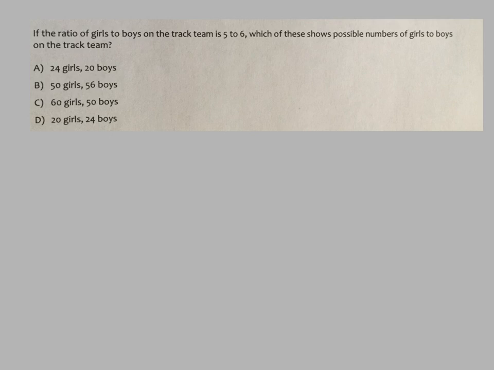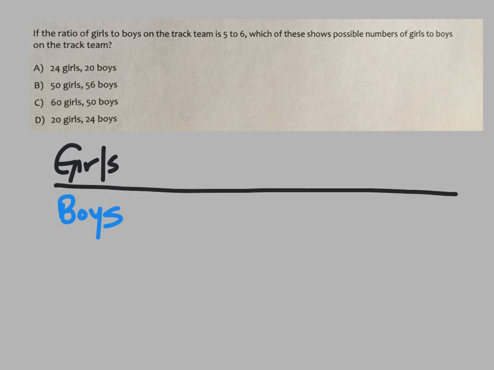If the ratio of girls to boys on the track team is 5 to 6, which of these shows possible numbers of girls to boys on the track team? So we're comparing girls and boys. If the ratio is 5 to 6, 5 girls to 6 boys.